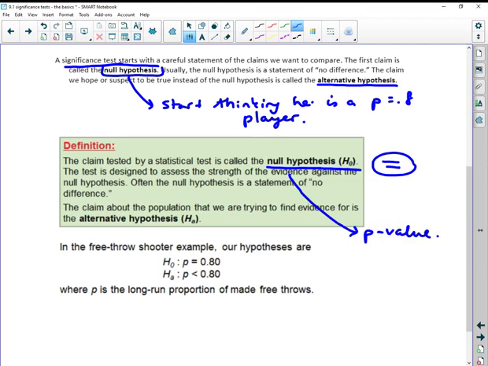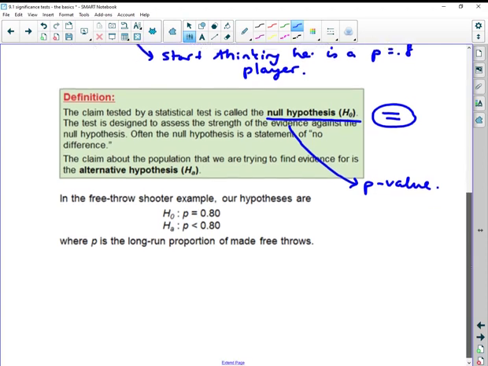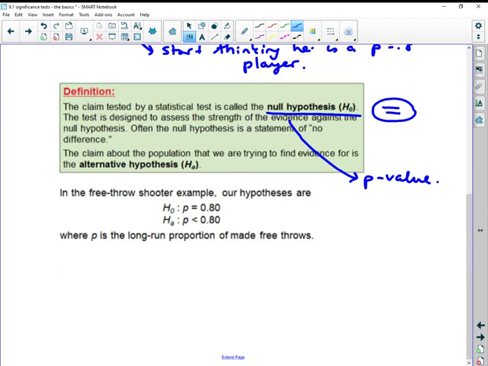That evidence is really about the p-value, that probability of that happening. So in our example, our hypothesis was that he is a 0.8 shooter, because we always start out believing him, believing that he's true, and that's our null. This can be pronounced H sub 0 or H naught or null. Some various ways to say that.